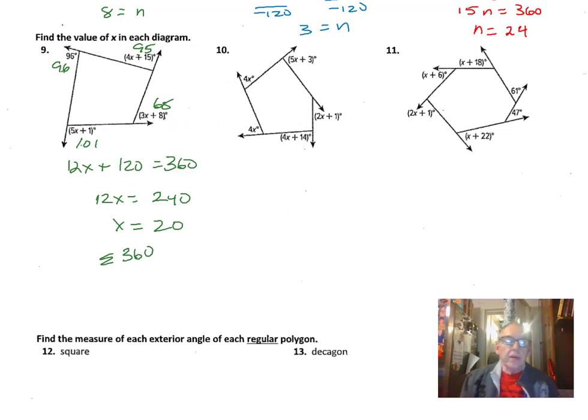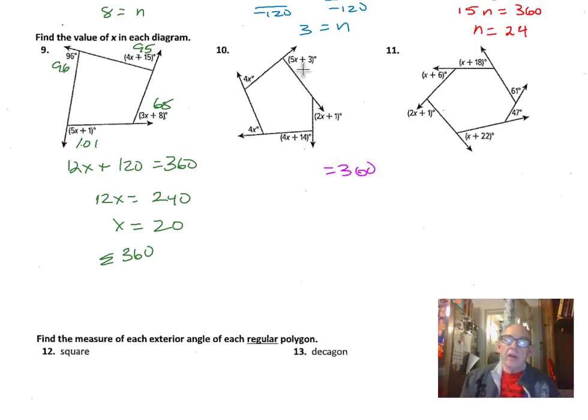Okay, let's look at number 10. Number 10, exterior angles, one at each vertex. Make sure we got the right pattern here. These are all going to add up to 360 degrees.